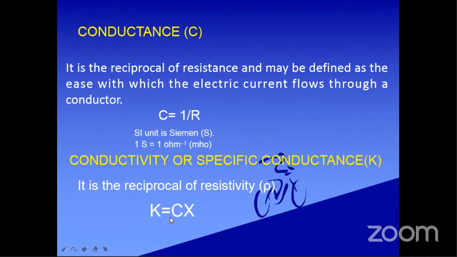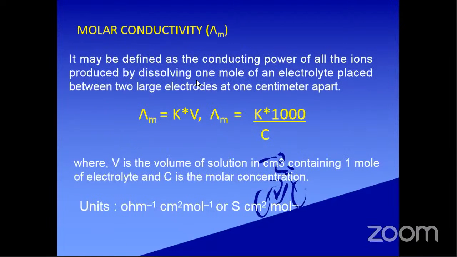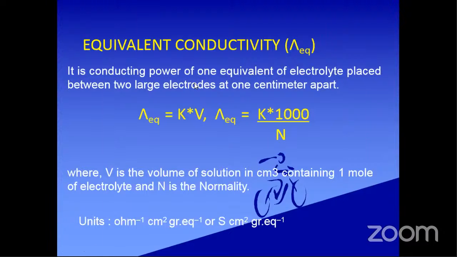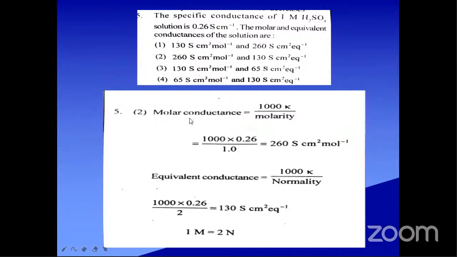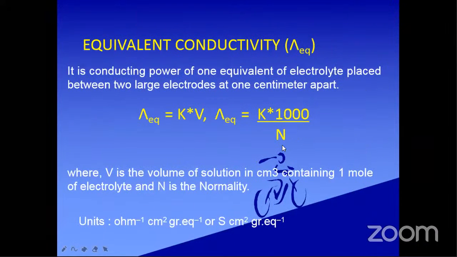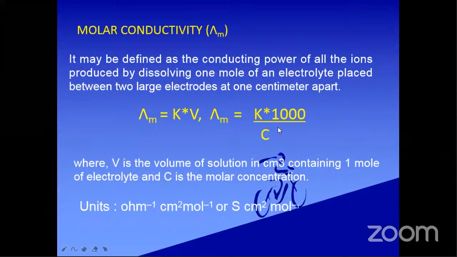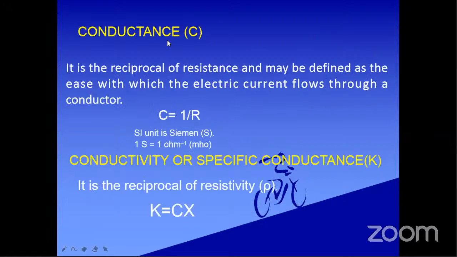There are many problems in the textbook; you have to do them. The relationship between K and C: K equals C into X. So conductance, resistance, specific resistance, molar conductance, equivalent conductance, all of these are important for numerical calculation. I have given only one numerical, but these are more important. This is simple: lambda equals K into 1000 by N. Here lambda equals K into 1000 by C, where C is molarity, for molar conductance.